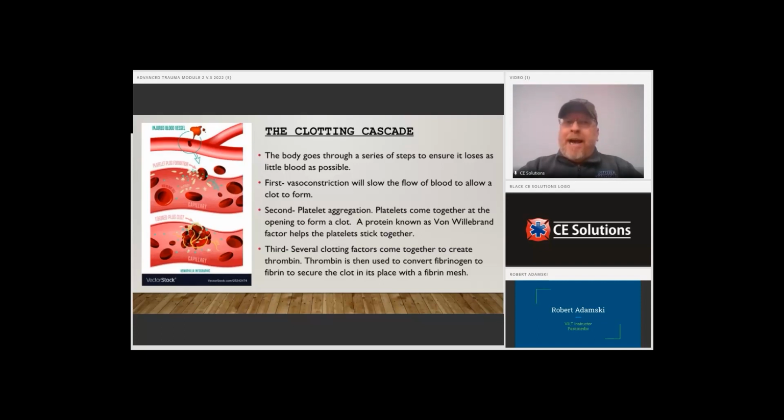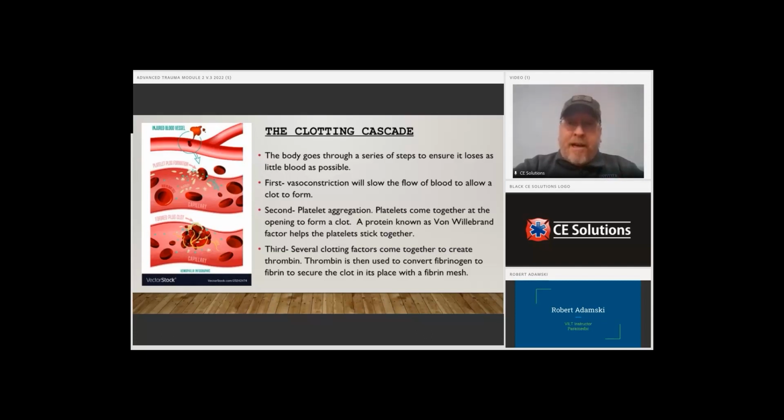Whenever you have that crush or mangle injury or an avulsion type injury where the blood vessel is severely damaged, it's not going to be able to vasoconstrict as well, and that's going to result in greater hemorrhage.